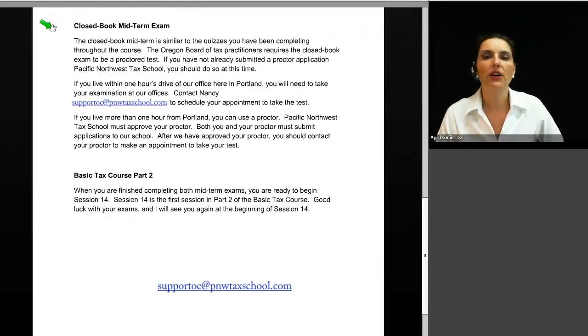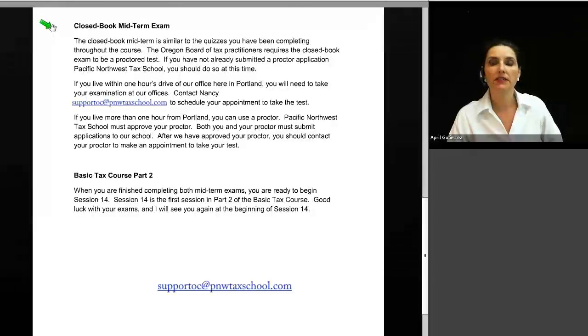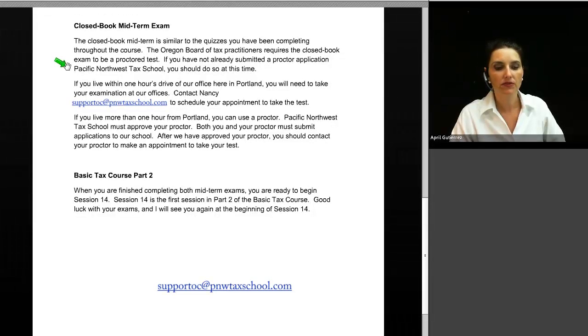The second part of the midterm exam is the closed book portion of the midterm exam. The closed book midterm exam is similar to the quizzes that you have been completing throughout the course. The Oregon Board of Tax Practitioners requires that the closed book exam be a proctored test. If you have not already submitted a proctor application to Pacific Northwest Tax School, you should do so at this time.